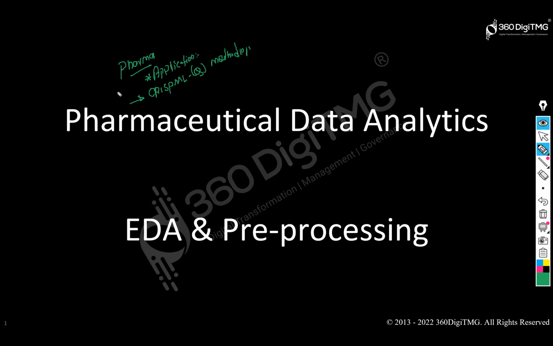We have discussed a lot about the CRISP-ML(Q) methodology. In that, we know that there are 6 phases.